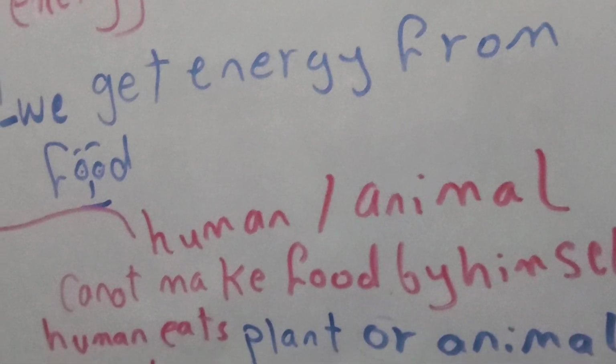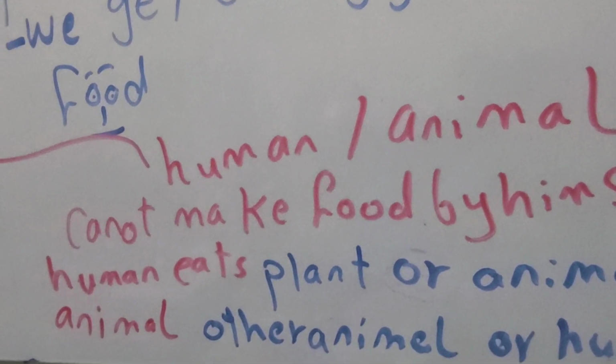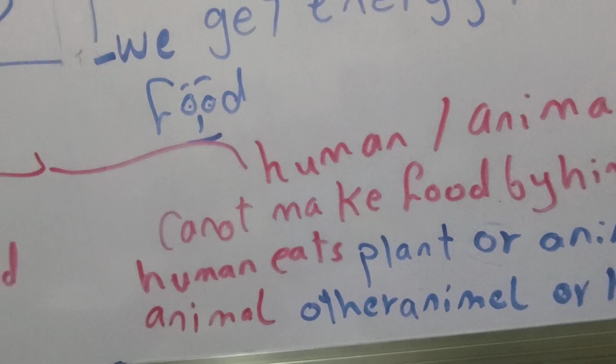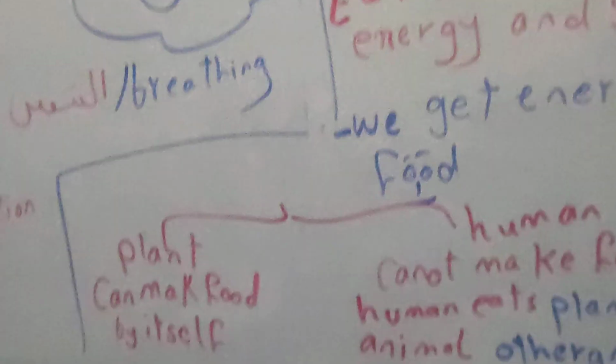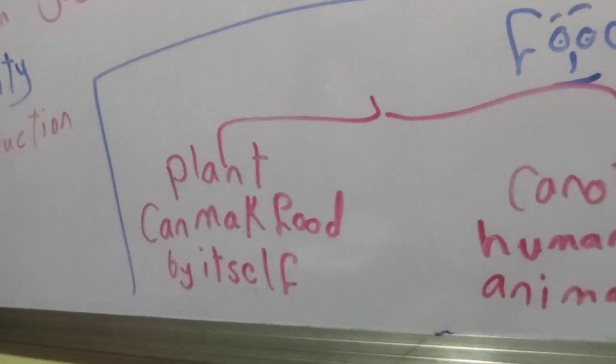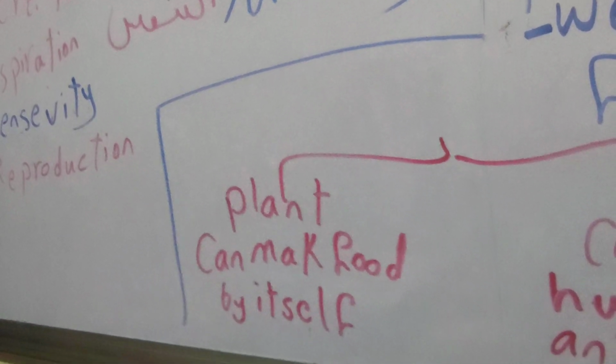Okay. How do plants eat, and how do humans and animals eat? Plants can make their own food by themselves. It's called the photosynthesis process. We will talk about it later.